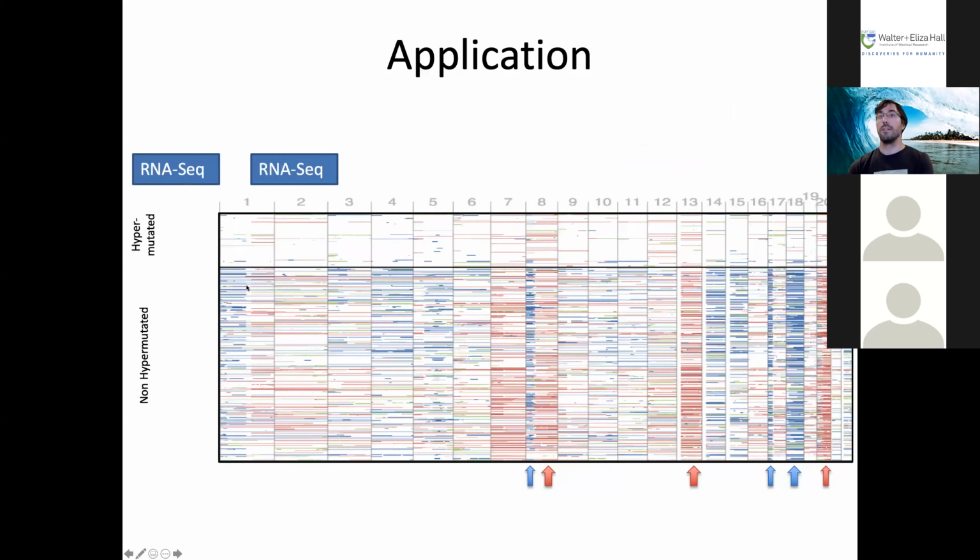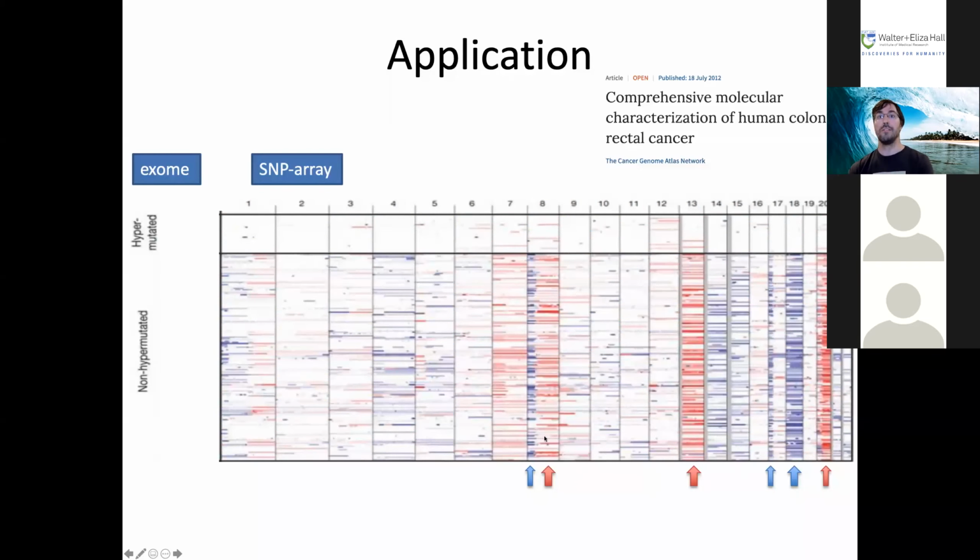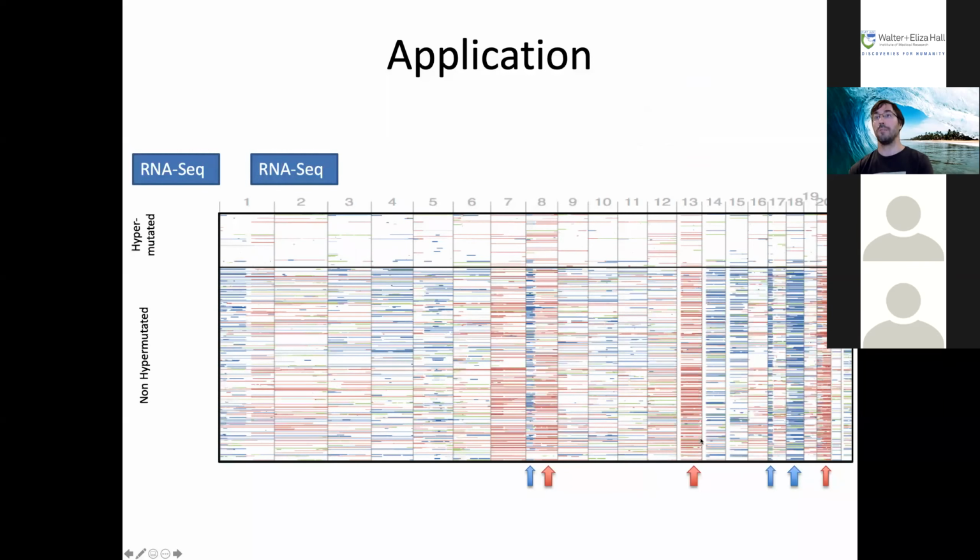And we actually got a very similar result. We still see that hypermutated samples are quite quiet in the copy number profile, while the non-hypermutated are much busier, and we see the same structures here as well. So you see chromosome 8 is the same, split 3, 13, TP53 and 17. So you see this matching up really well.